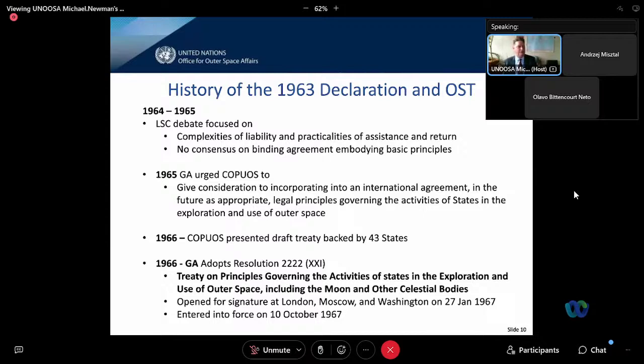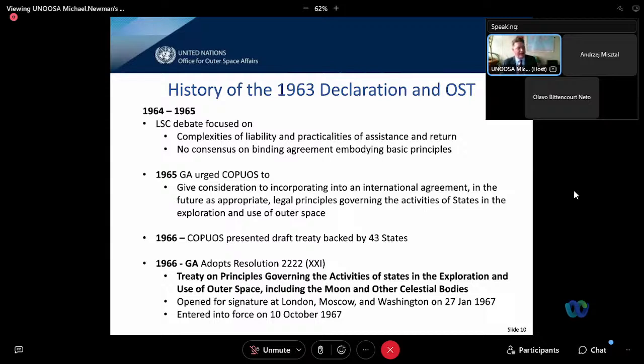This was, of course, the landmark treaty on the principles governing the activities of states in the exploration and use of outer space, including the moon and other celestial bodies. In 1966, this was agreed by the General Assembly. It was open for signature in January of 1967 and entered into force in the later part of 1967.